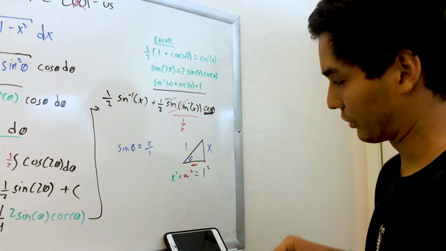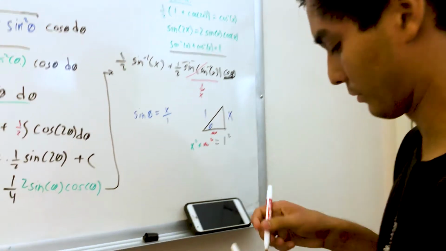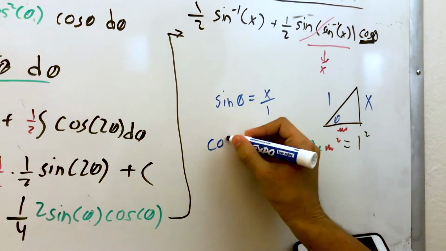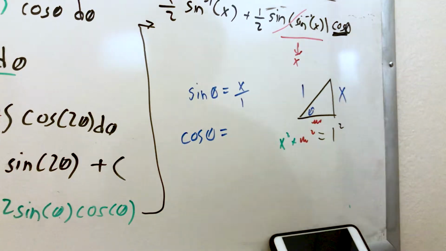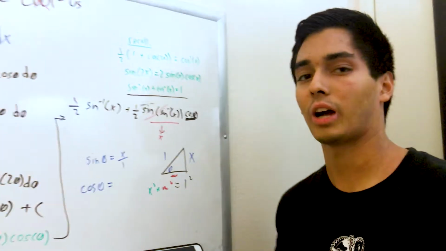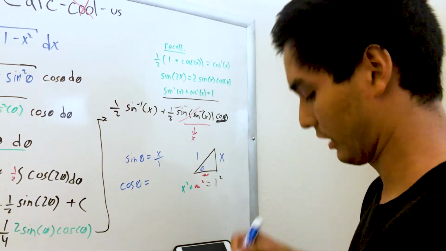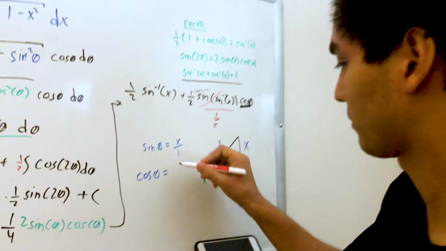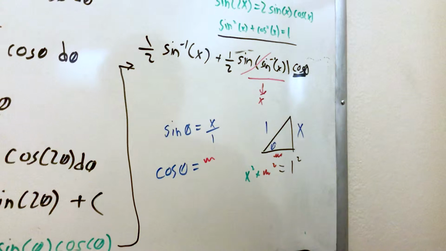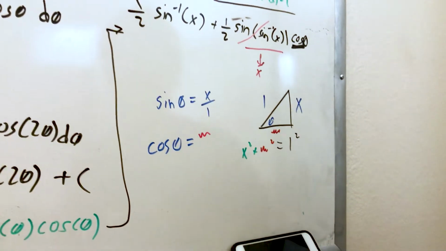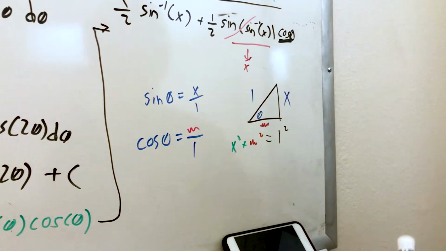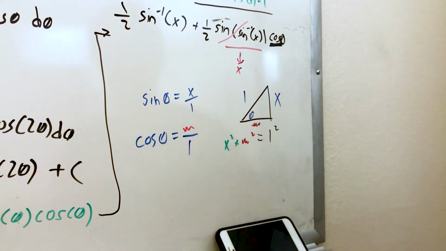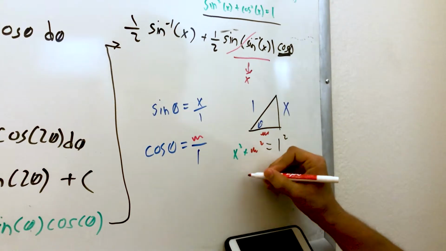Okay, so if we solve for that something, we can write another relation. Cosine of theta is what? Adjacent over hypotenuse. Adjacent is something over hypotenuse, which is 1. So all we have to do is solve for that something.